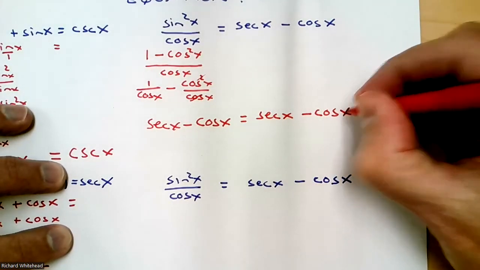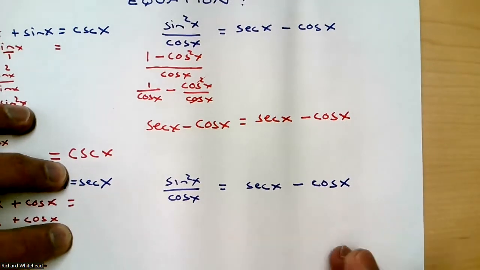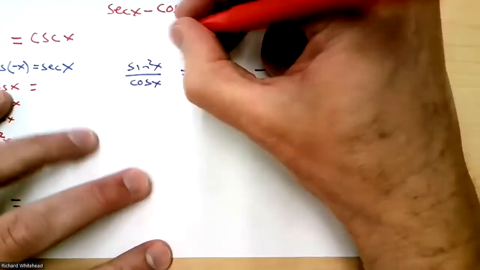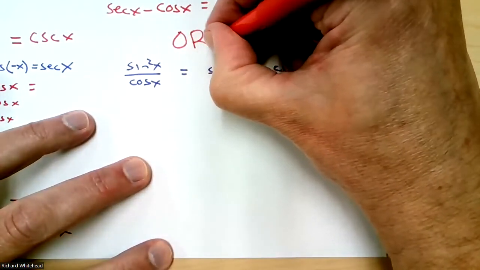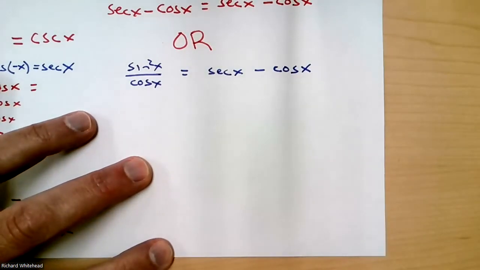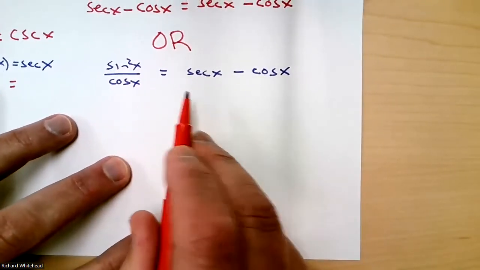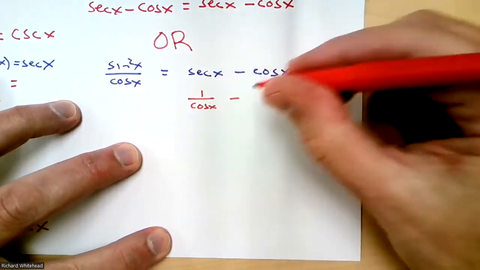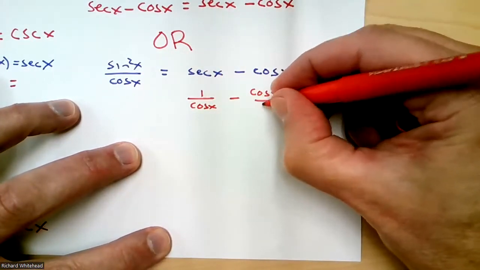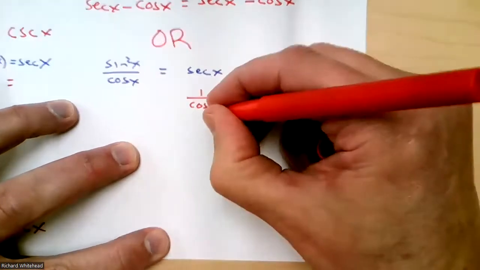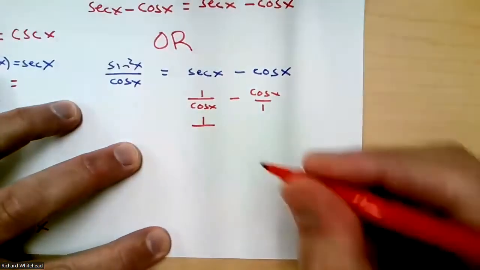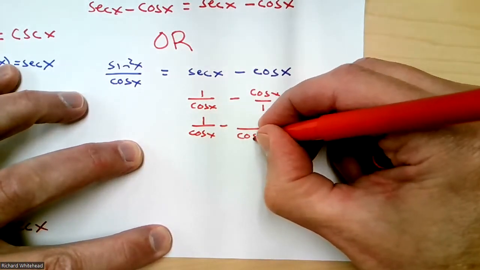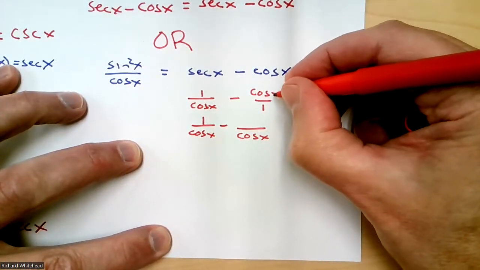But somebody else says, no way, I didn't want to do it like that. I wanted to work on the other side. Okay, let's see what happens if I work on the other side. So remember, you only have to do it one way. You don't have to do this two ways. So another person says, I'm going to say that's 1 over cosine minus cosine over 1. If I had a common denominator, my common denominator would be cosine. So I need times cosine.